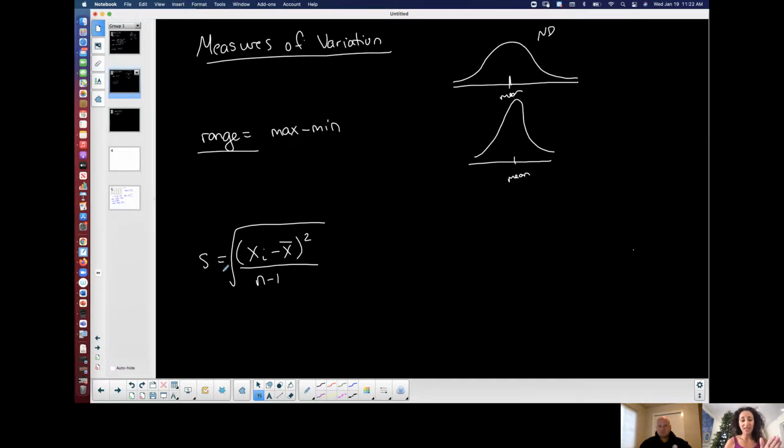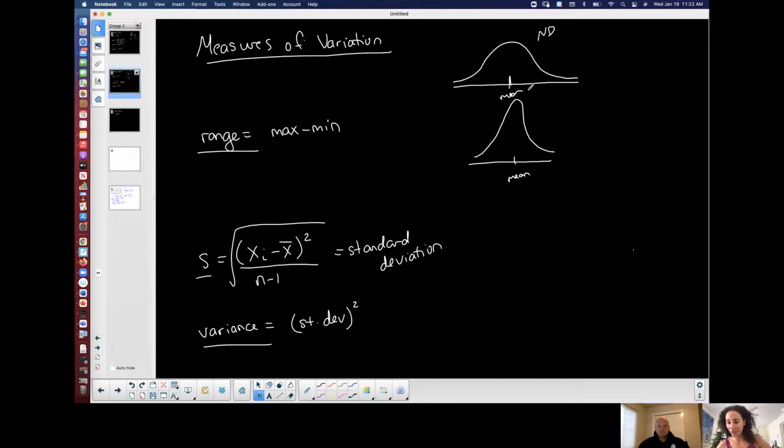You're going to have your standard deviation, which is really important. And you're going to have your variance, which you don't see a whole lot after this, but the variance is very easy because it literally is just the standard deviation, whatever that value is, squared. So once I have the standard deviation, I have the variance. But the most important measure of variation that you are going to see over and over is your standard deviation. And you're going to see it related to this kind of thing later on too.